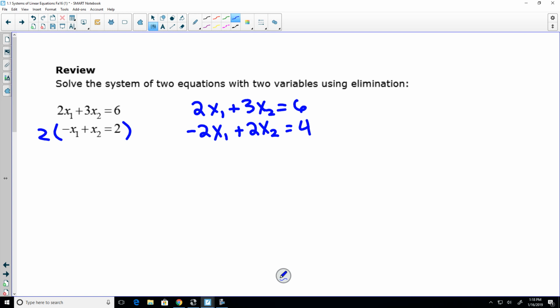And then what do we do? Add the 2, right? It's not the same system, right? It's not the same one. Is that okay?